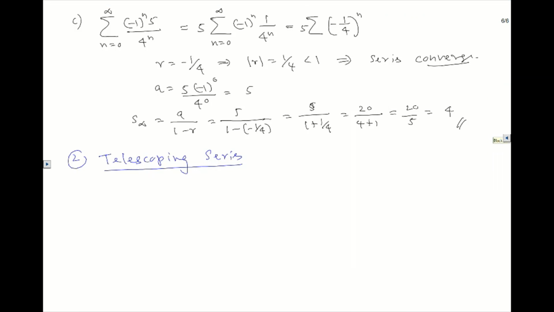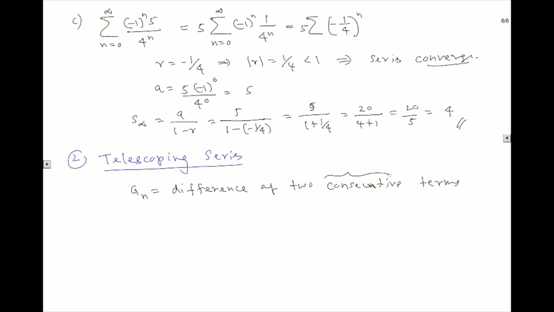You can write your nth term a_n as the difference of two consecutive terms. Consecutive terms means terms next to each other.